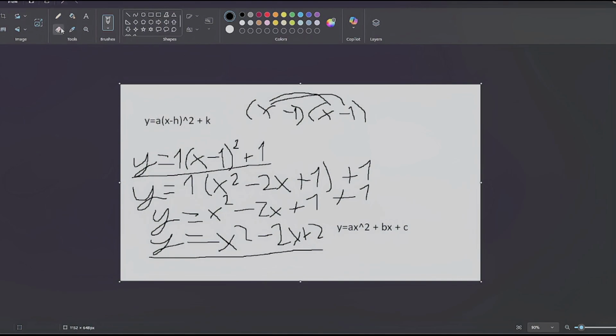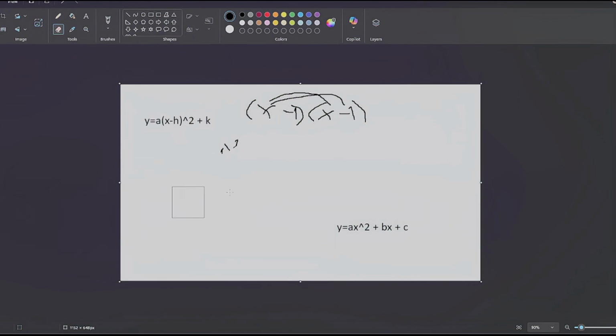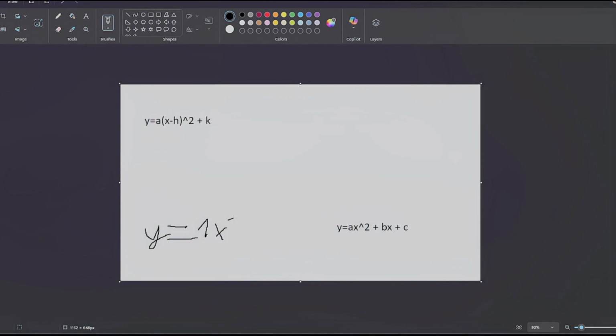To get vertex form from standard form, you need to complete the square, which is pretty simple. We take a hypothetical equation: y equals 1x squared plus 2x plus 1.